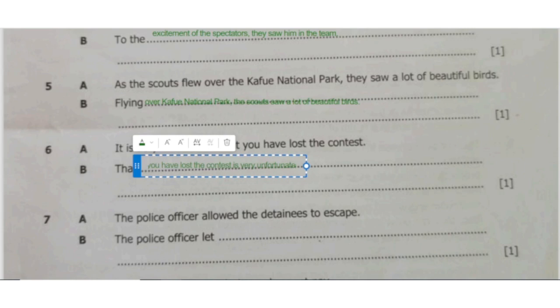Okay, so it's very unfortunate, and you also put a full stop at the end. Okay, now we come to number 7.